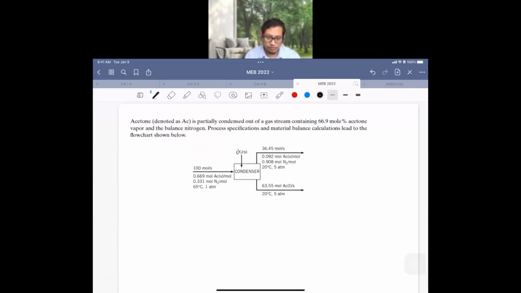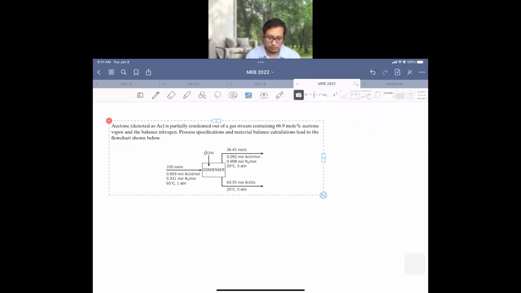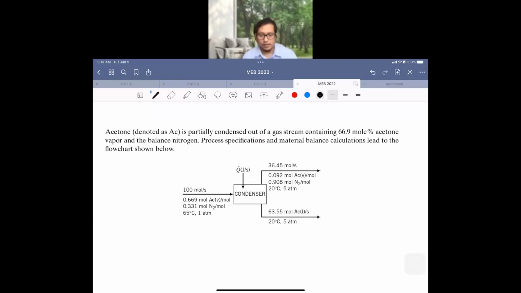So let me start with some practical approach. We have acetone that is partially condensed out of a gas stream containing 66.9 mole percent acetone vapor and the balance nitrogen. So the nitrogen will be 100 minus 66.9, right?